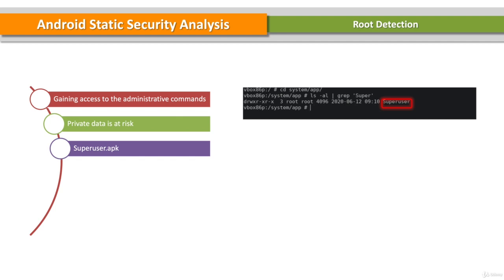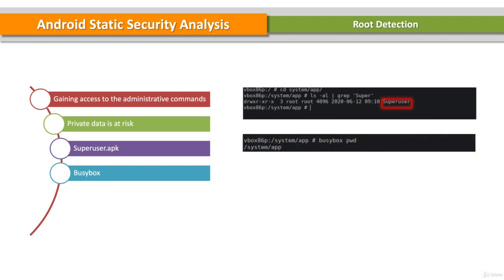So there are some specific applications which run only on rooted devices. So, of course, checking for those applications would also be a good idea to detect if the device is rooted. Here's one, for example, BusyBox. So you may have heard of BusyBox. It's an application which provides a way to execute the most common Linux commands on an Android device.